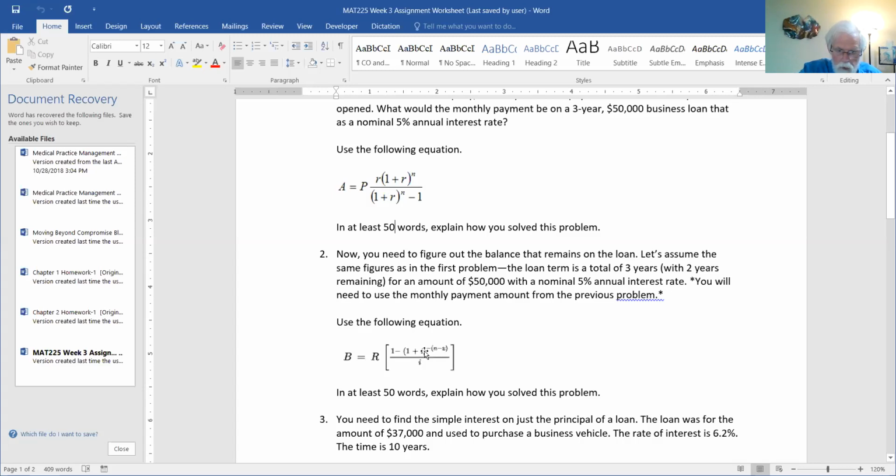And remember that when we do the x to the y function on a calculator, this will be a negative number, so we have to put the negative number into parentheses. Otherwise, you'll get a meaningless result, all right? So remember, you're explaining how you solve the problem. You have to solve number 1 to get to number 2.